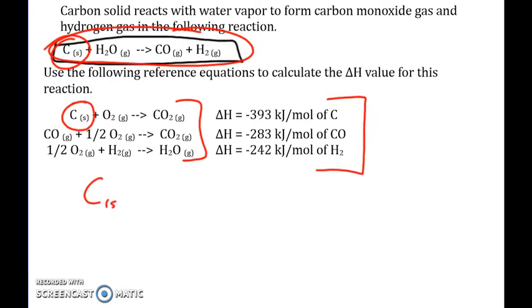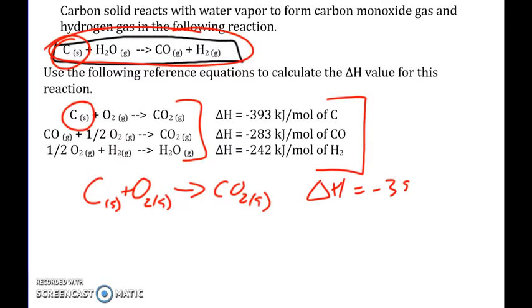Carbon solid plus O2 gas turns into CO2 gas. And in this case our delta H is equal to negative 393 kilojoules. So we're happy because we've got carbon on the left side.